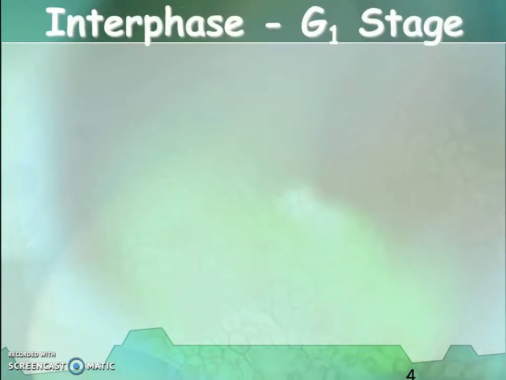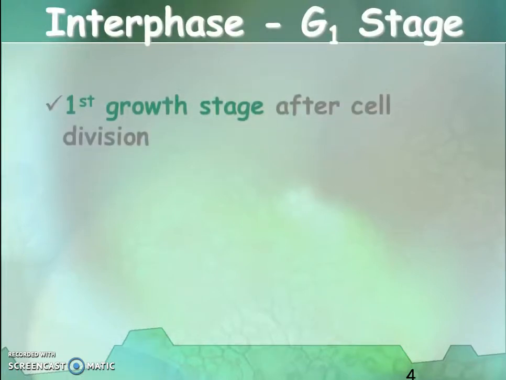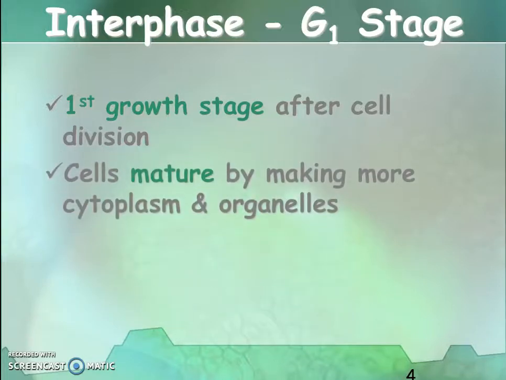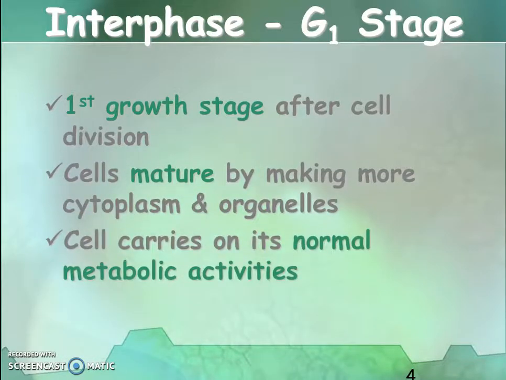So let's look at the interphase, which is the first phase of growth, after the cell division. In this, the cell matures by making more cytoplasm and other organelles, and the cell carries on its normal metabolic activities.